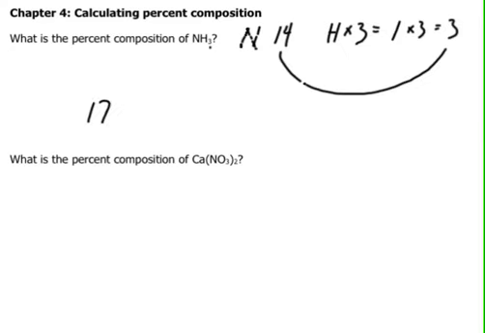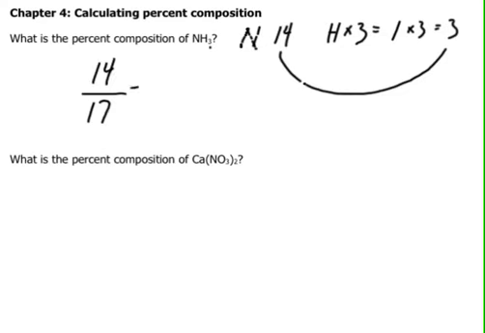And then percent composition means that you find the percent of each individual element in this compound. So first we'll do nitrogen. The total mass is 17. The mass of the nitrogen is 14.